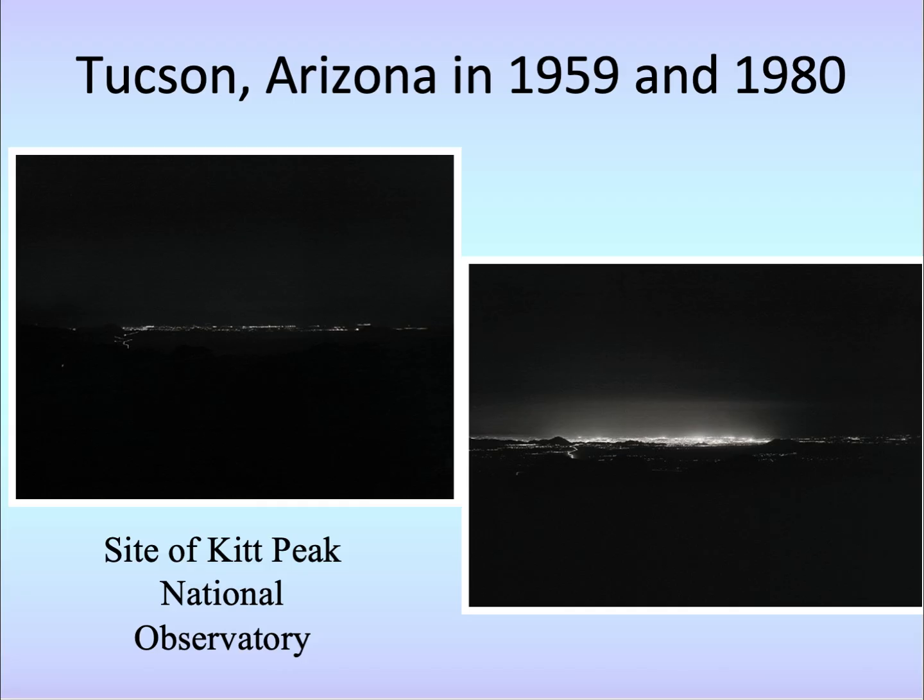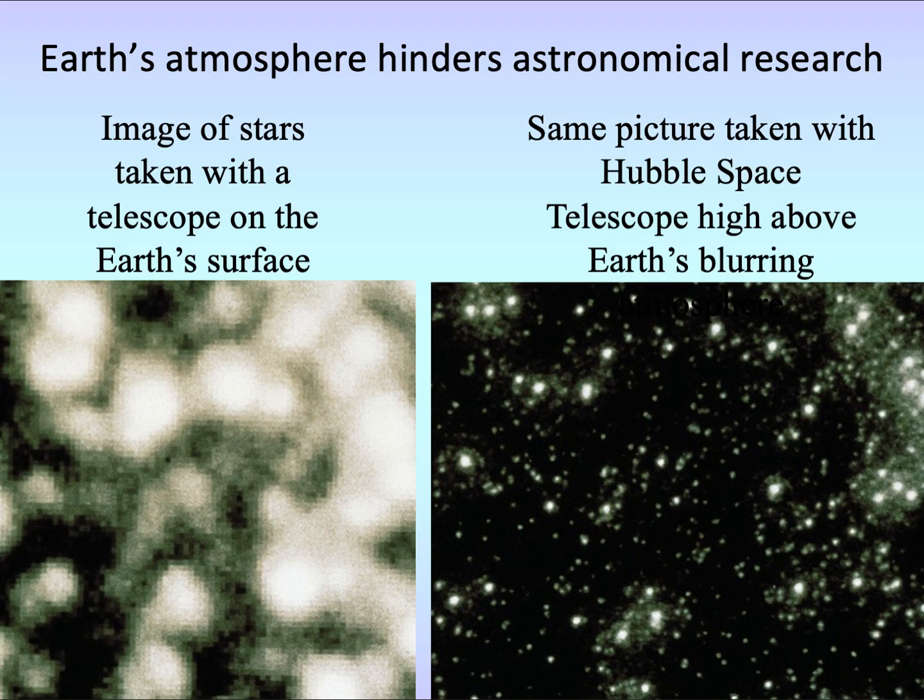Here's another picture of just how much light pollution can change in a relatively short period of time. In just 20 years, Tucson, Arizona went from a pretty decent place to set up a telescope to a much more inhospitable location.